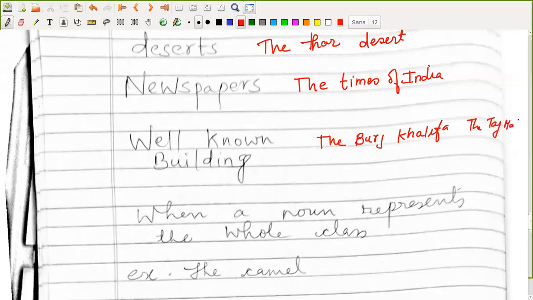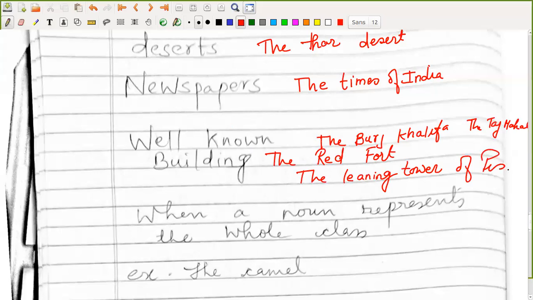Very common. So before all the well-known buildings, you use the.